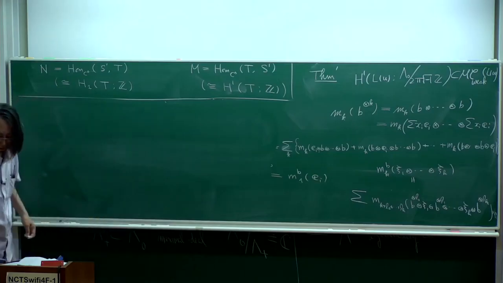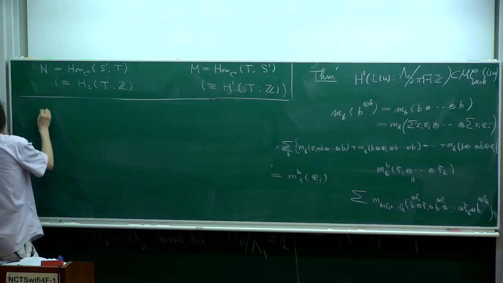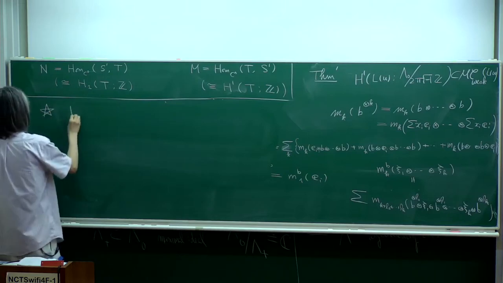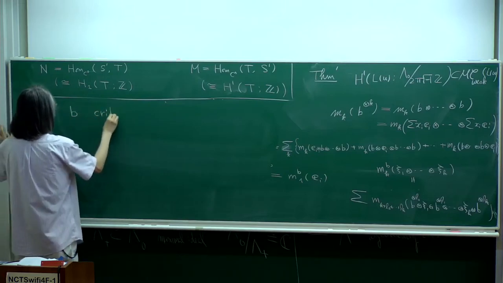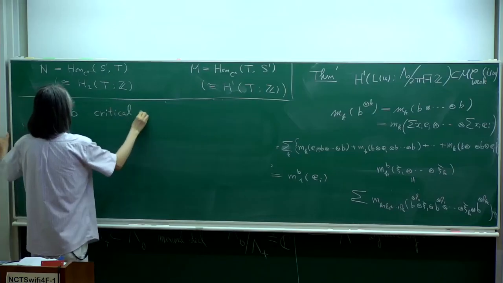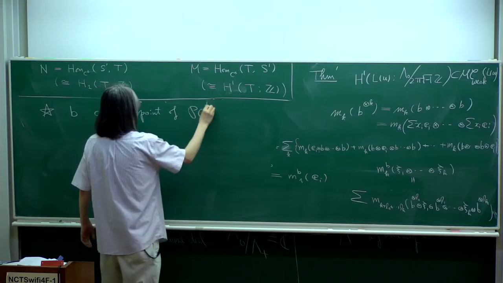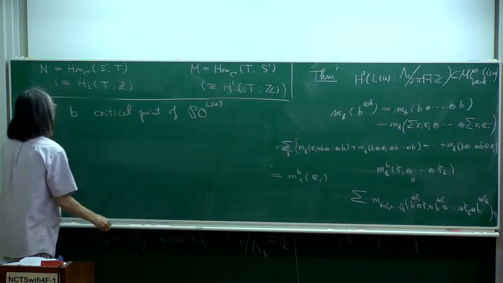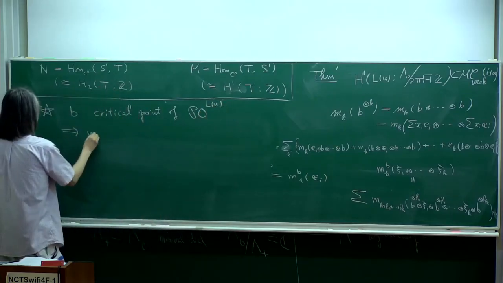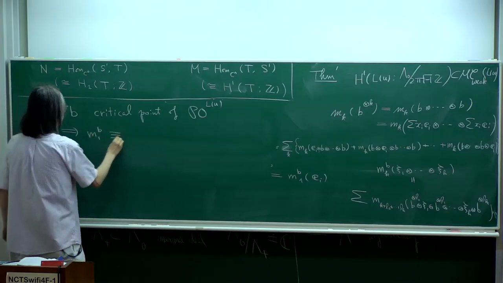So this means the following. This is actually an important thing. If B is a critical point of this PO LU, then M1B is equal to 0.